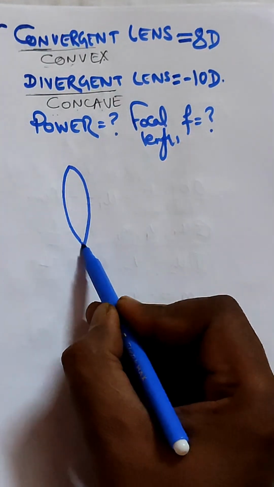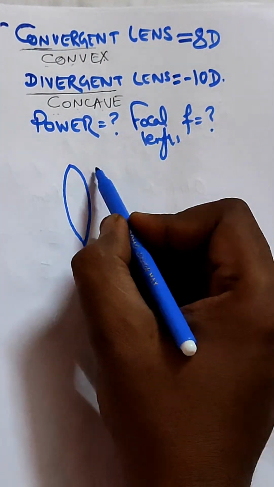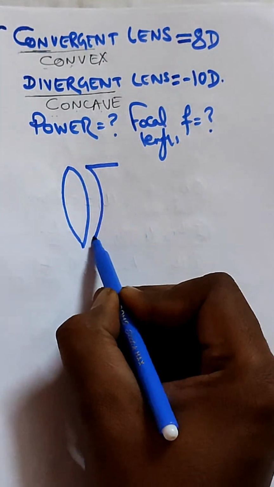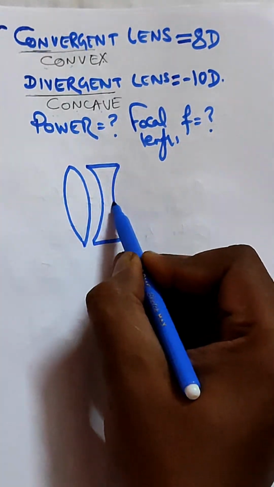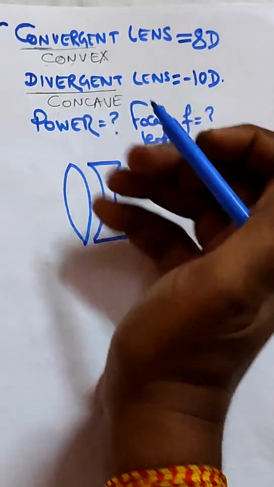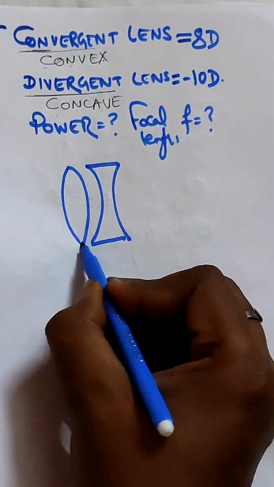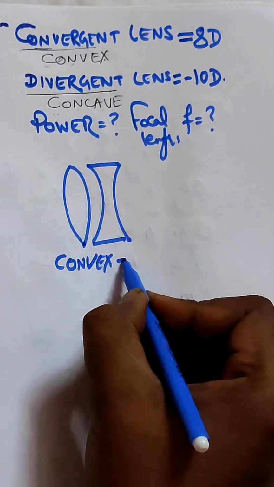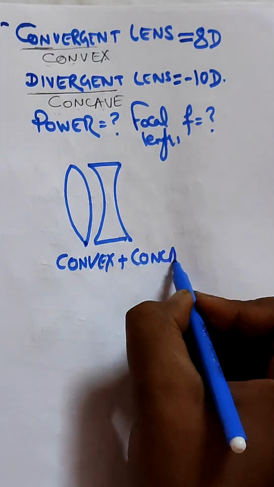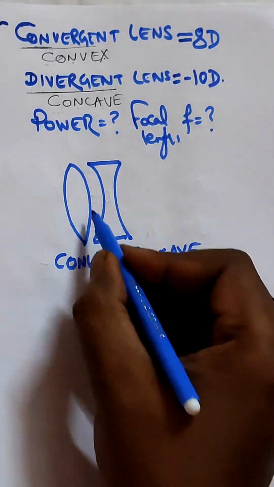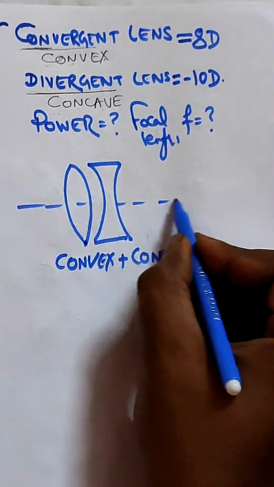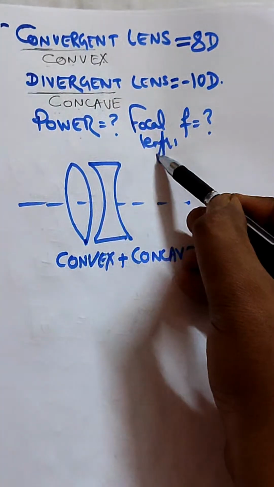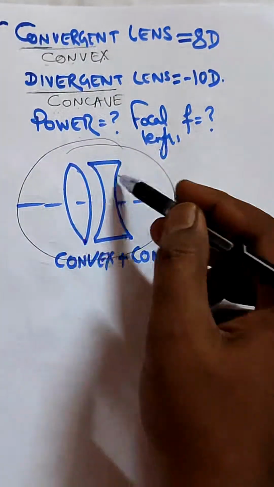This is a convex lens, and along with this, a concave lens is present. Let's say like this. This is a concave lens, because you can see the depth here. So this is the convex plus concave arrangement. For this arrangement, we need to find the total power and focal length of this entire combination, right?